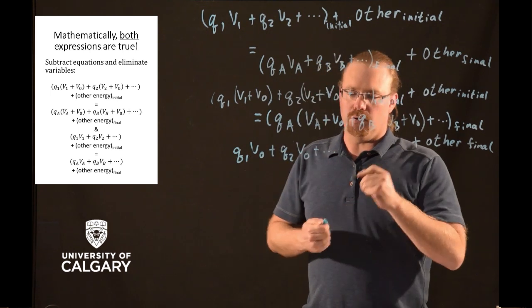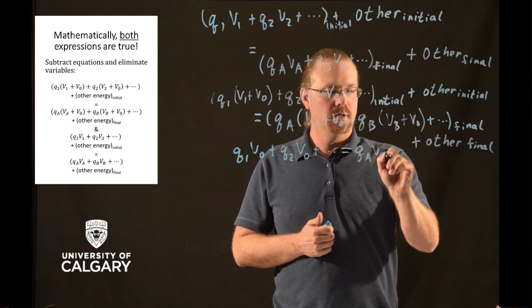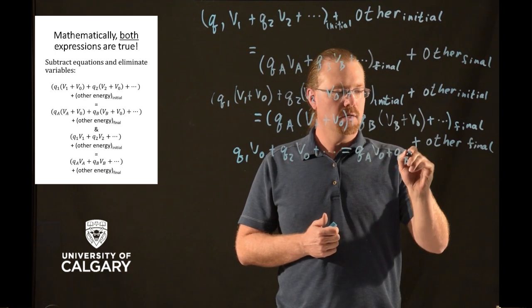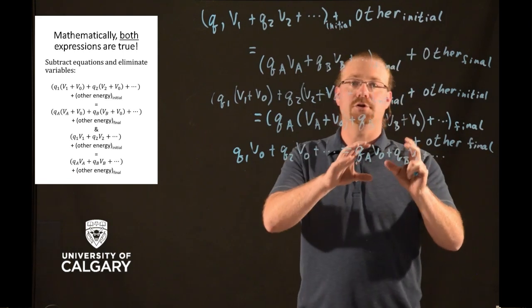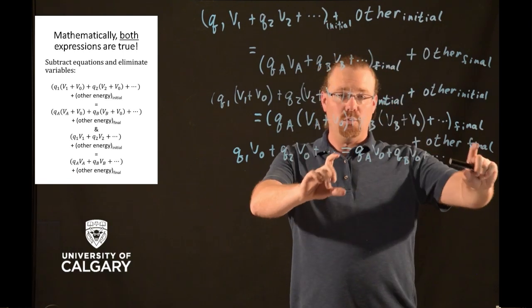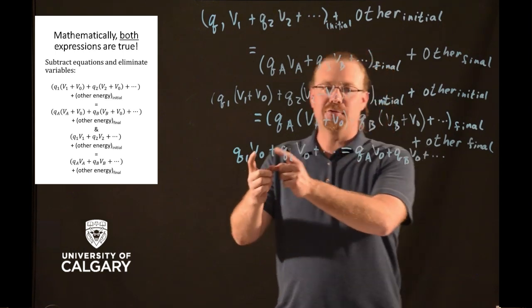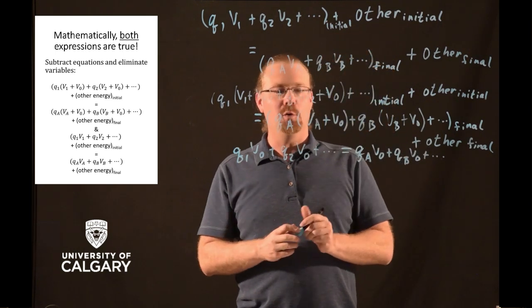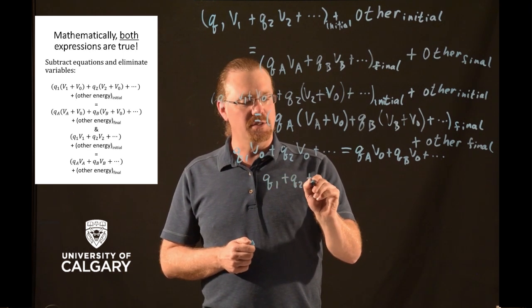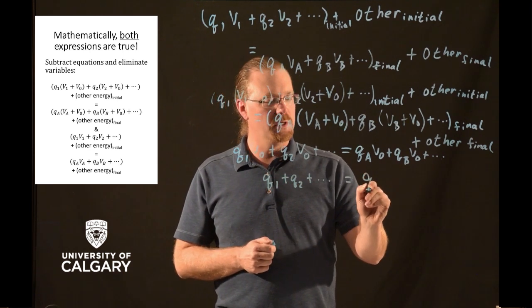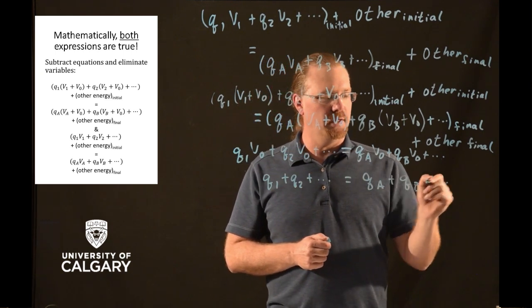And this is going to be equal to QA V naught plus QB V naught plus all of the other electric charges that we end with. And of course, what you can immediately notice is that every single term has a V naught in it, which means Q1 plus Q2 plus dot dot dot is going to equal QA plus QB plus dot dot dot.